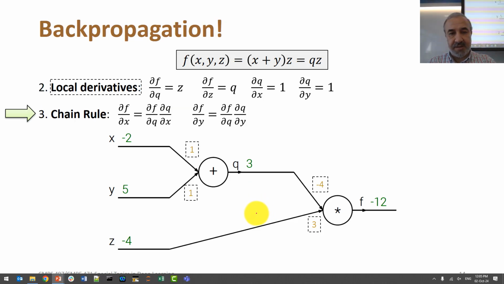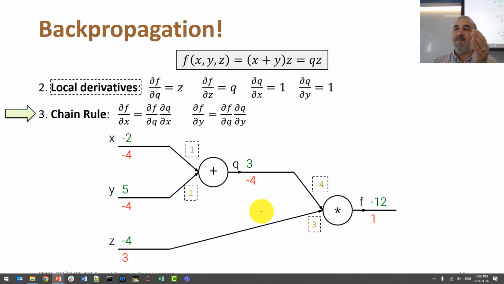So these are the values that we got in the previous slide, right? So this is the backward pass. In the forward pass, we do two things. We compute the output values and we compute the local derivatives, which are independent. Each gate knows from the operation how to compute the local derivative.